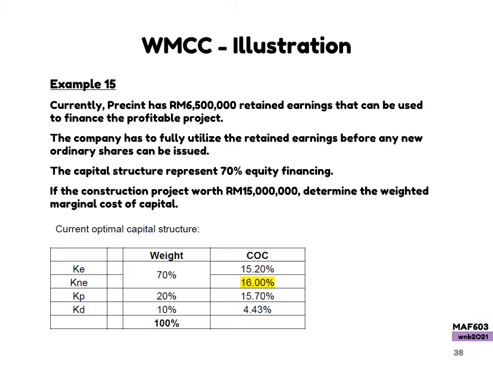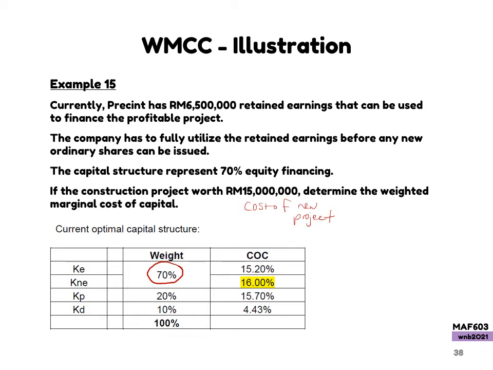So kalau kita tengok yang menggunakan equity, KE and KNE adalah sebanyak 70% dia punya weight of financing. If the construction project worth 15 million, determine the weighted cost of capital. So this one adalah cost of new project. Projek yang baru tu harga dia sebanyak 15 juta dan retained earnings yang ada 6.5 juta.